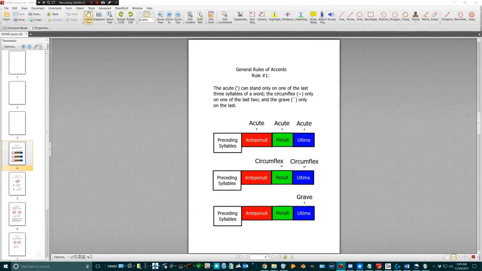So while the circumflex can be on the Ultima and can be found on the Penult, the circumflex will never be found on the Antepenult. And the final part of rule number 1 is the grave. This can only be found on the last syllable, the Ultima.